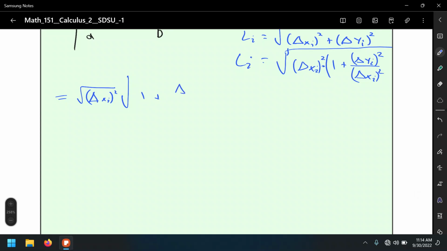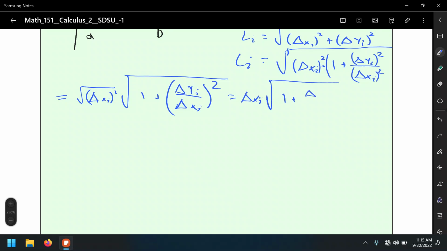Let me write this as a quotient of just a single and square it. And well, the square root of quantity squared, that's just going to give us delta x sub i root of 1 plus delta y sub i squared delta x sub i. Oh, wait a minute, it's the whole thing squared, right?